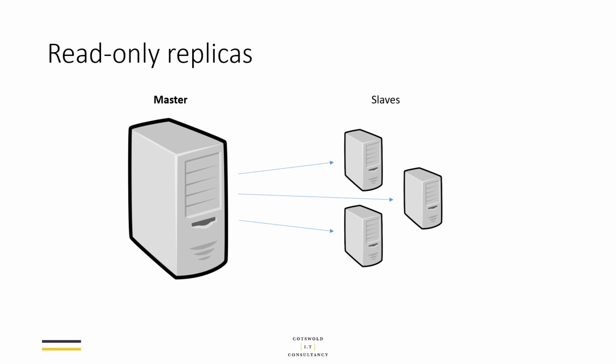But of course those slaves could take a reasonable amount of time, let's say a few seconds up to maybe 20-30 seconds in the worst case, at which point those slaves are all going to have stale data. And if your web application relies on that data being up to date and you've updated something asynchronously, you're going to have a problem. So you need to think about those kinds of designs.